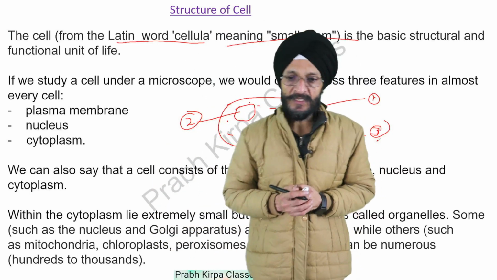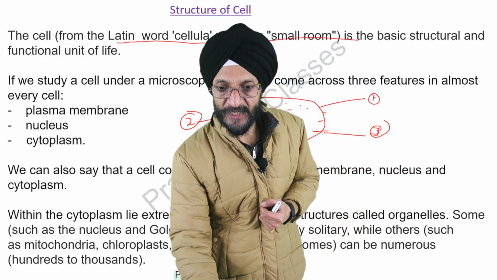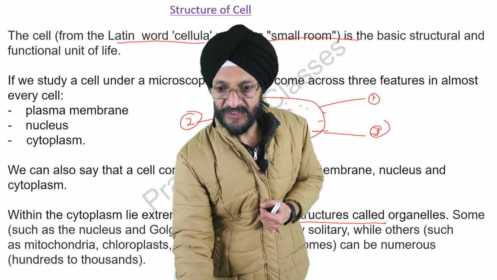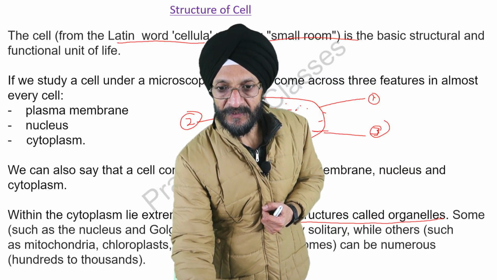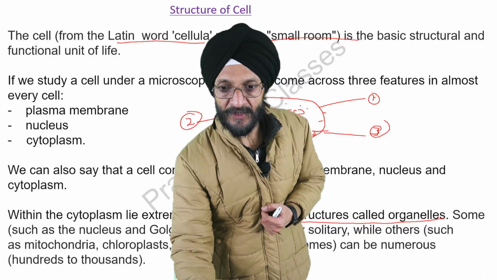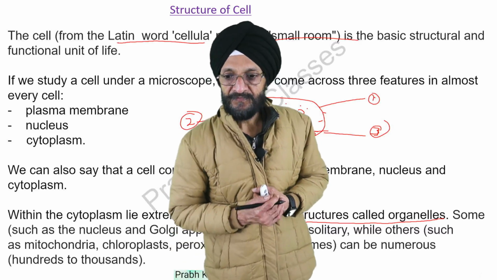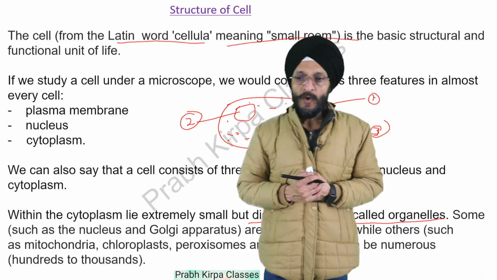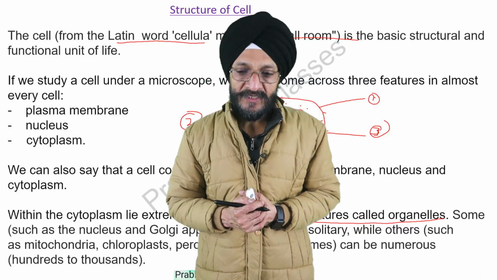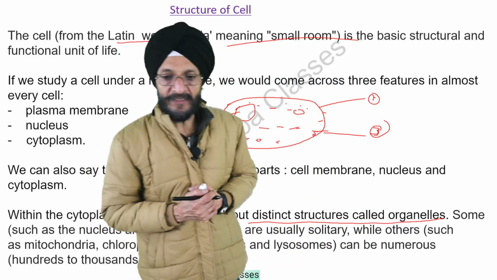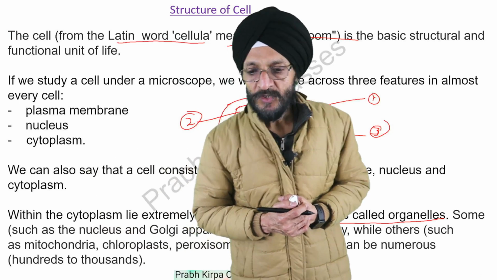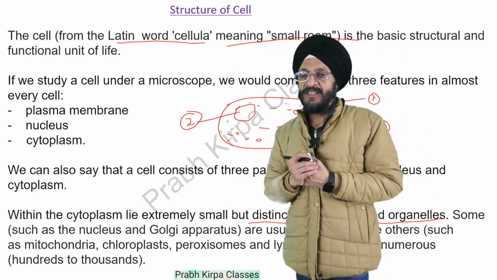Within this cytoplasm lie extremely small but distinct structures called organelles, which may be present here and there. Some organelles such as nucleus and Golgi apparatus are usually solitary. Solitary means single.